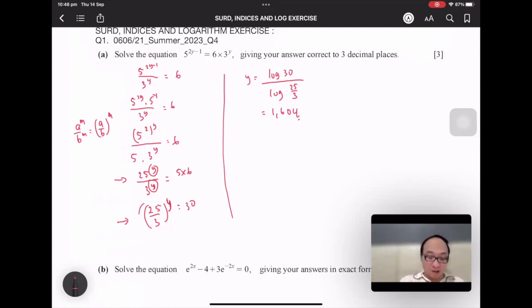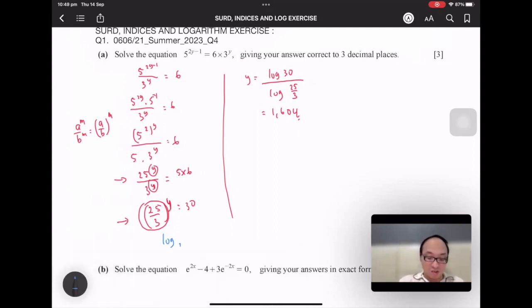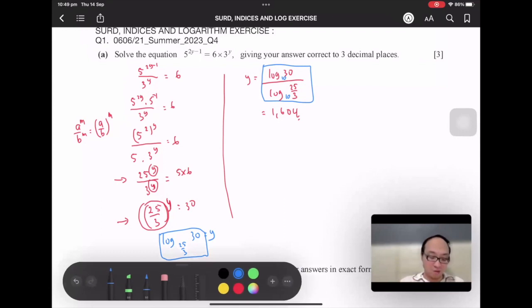The 25 over 3 will be the base of the log. So in this case, I can rewrite it as log to the base of 25 over 3 of 30 equals y. And then I can change the base, so it will be the base of 10. So that's the result for number 1.